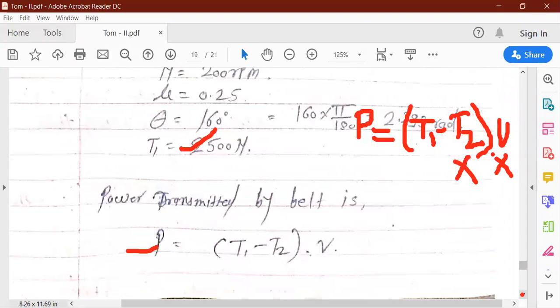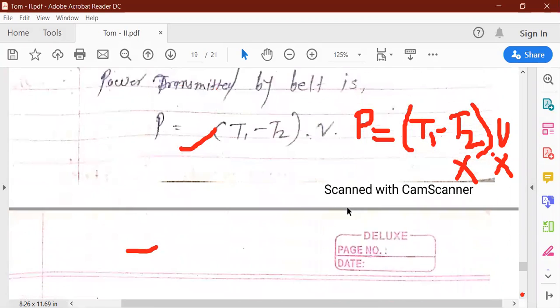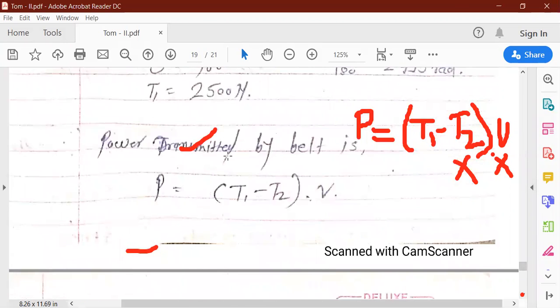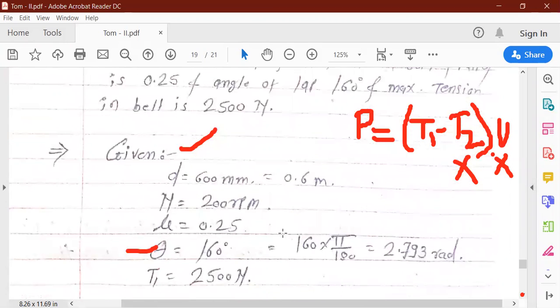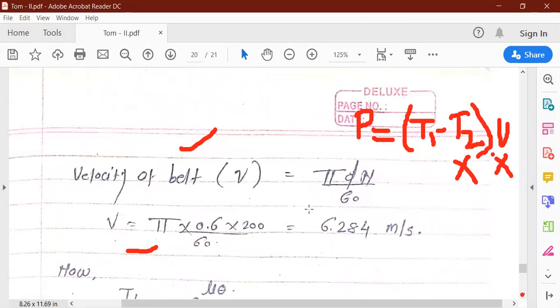Also V is unknown. So how can we calculate the power? Power transmitted by belt is P is equal to (T1 minus T2) into V. First we have to find the velocity of the belt. In order to find the velocity, the rotational speed n is given. We all know how rotational speed is converted into linear velocity by this formula: V is equal to pi d n upon 60.